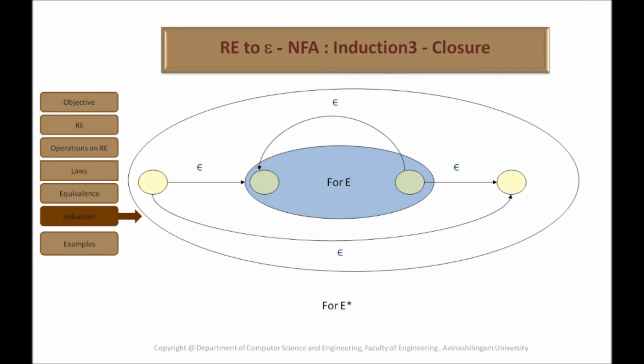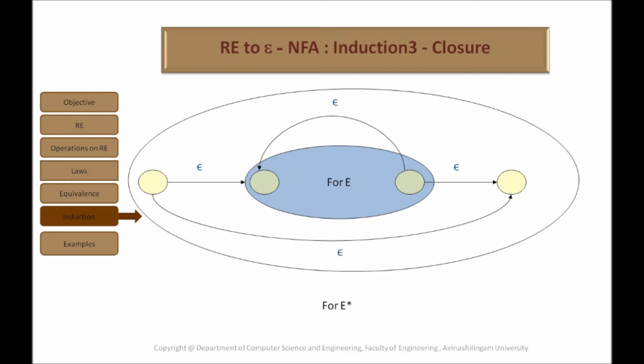So the finite automata will be repeated, that is, using empty the loop repeats. This is shown here. Using these three inductions we can construct an NFA with empty moves for a regular expression.